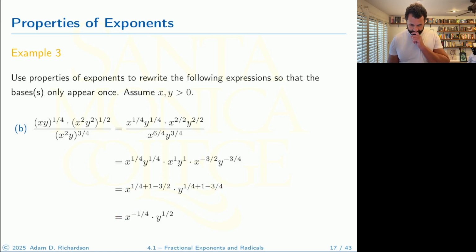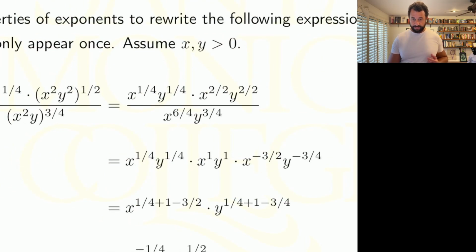Okay, so here I've got some stuff raised to a power, and that new property of exponents that we learned says we can distribute those to each one of those factors. So let's do it. x to the 1/4, y to the 1/4, right there. Maybe I can zoom in a little bit. There you go.